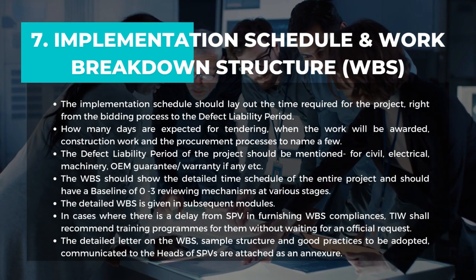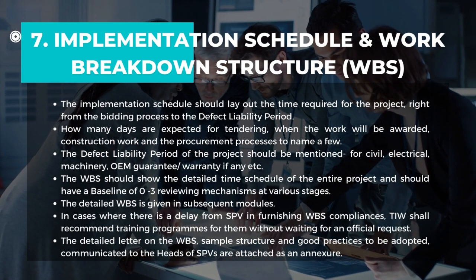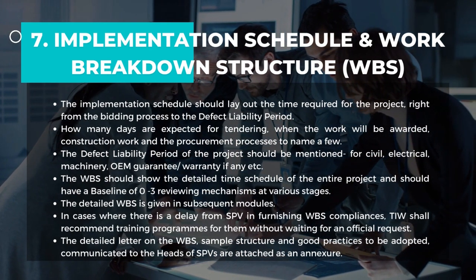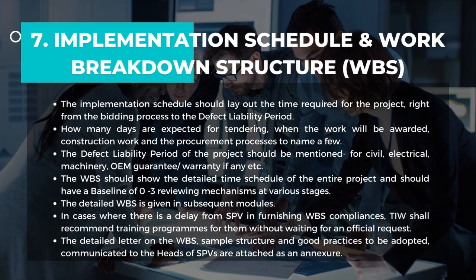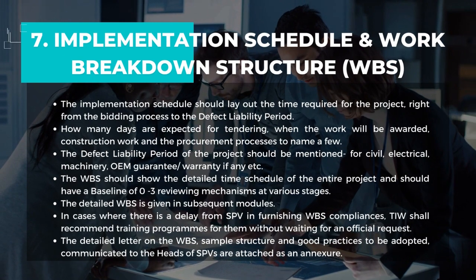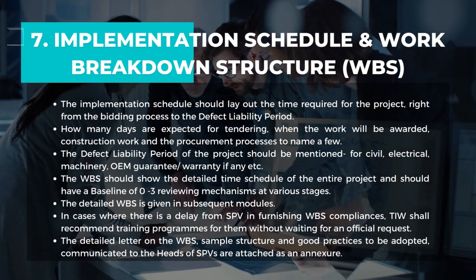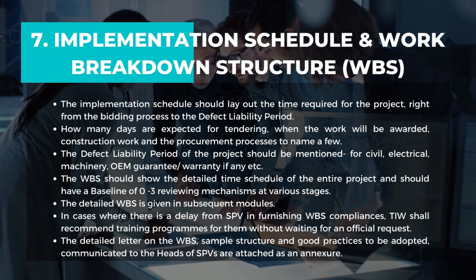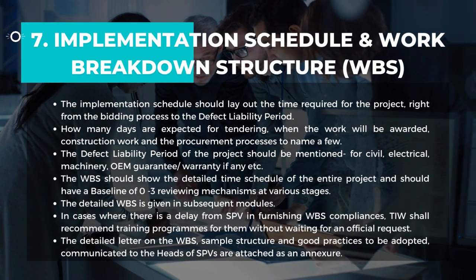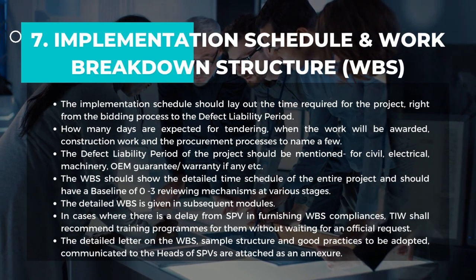The defect liability period of the project should be mentioned for civil, electrical, machinery, OEM guarantee or warranty if any, etc. The WBS should show the detailed time schedule of the entire project and should have a baseline of 0 to 3 reviewing mechanisms at various stages. The detailed WBS is given in subsequent modules.